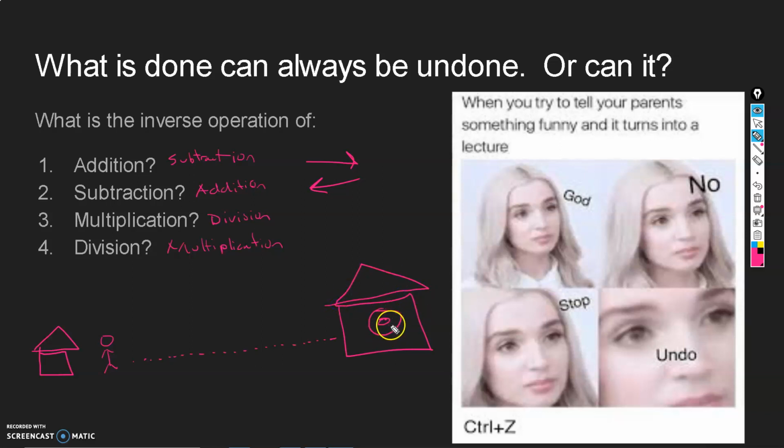Okay, well, the inverse function then would be me walking from Target to my house again. So our original function was, hey, how do I get from my house to Target? I need some kind of map. Well, that function is the map. And that map goes, hey, this is how you get to Target, and here's how I can land you at Target. Okay, cool. Let me follow that function.